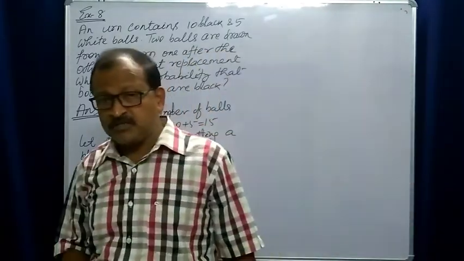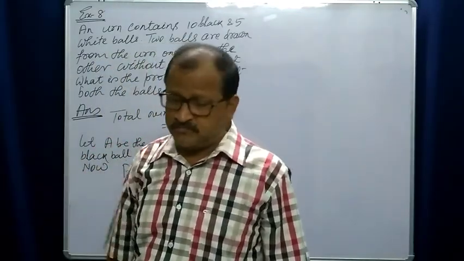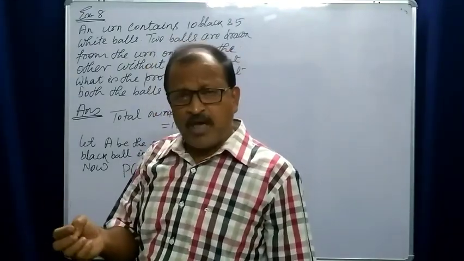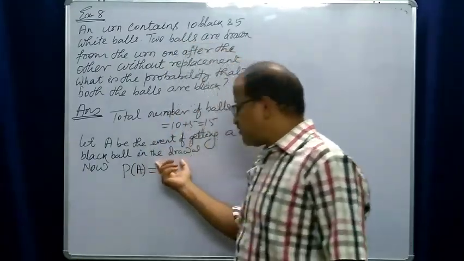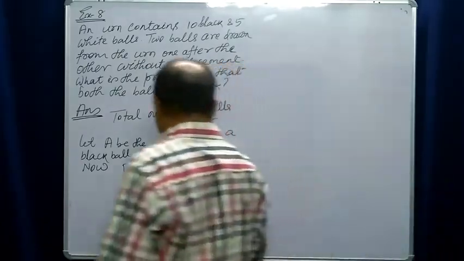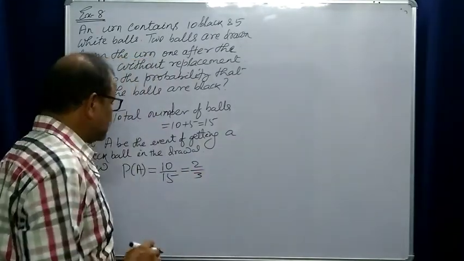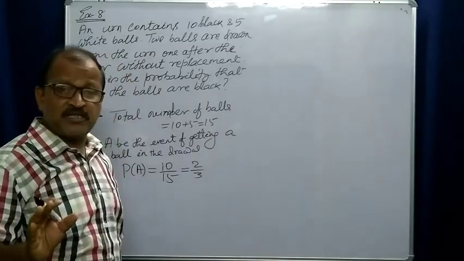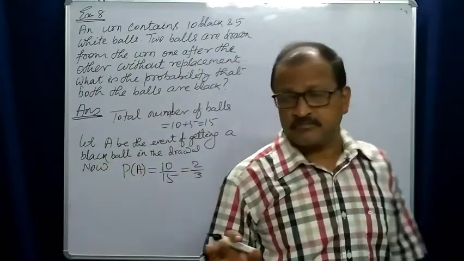But total number of balls is 15. So you can draw any one of them in how many ways? 15 ways. One black ball can be drawn in how many ways? In 10 ways. So number of favorable cases over total number of cases is 10 by 15, that is 2 by 3. This is the probability that the first ball drawn is a black ball. Right.